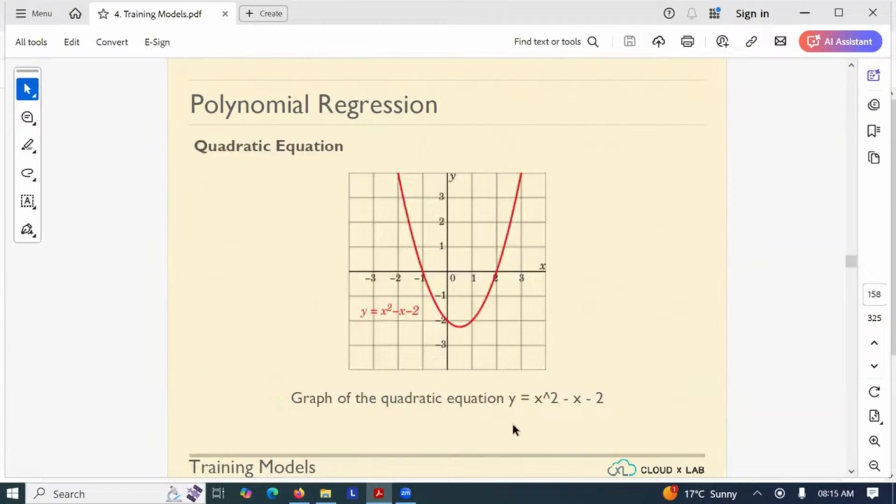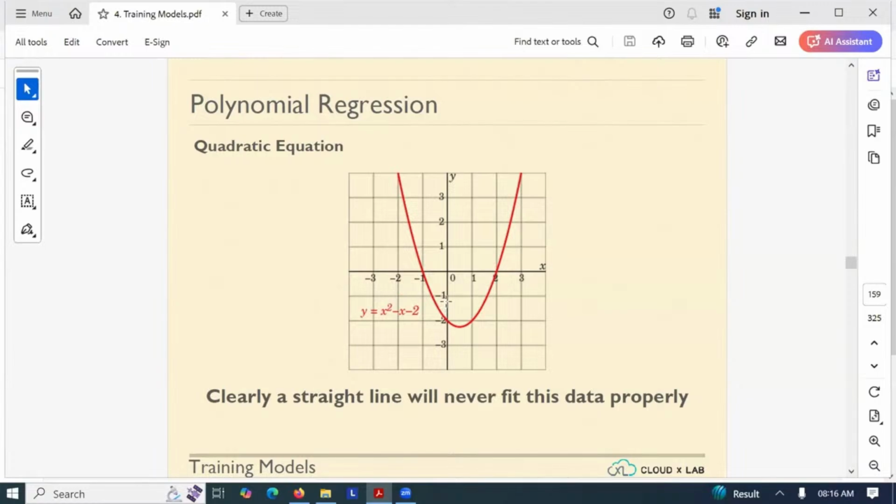So for example, this is an example of a quadratic equation: y is equal to x square minus x minus 2. If we have such a relationship between input and output, then we can use quadratic equations. But we cannot fit a straight line here, right?